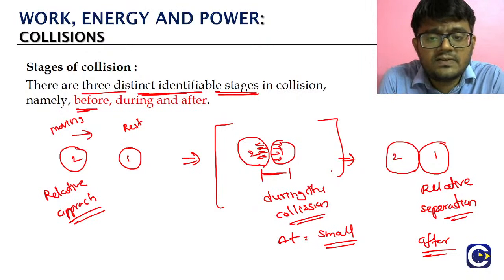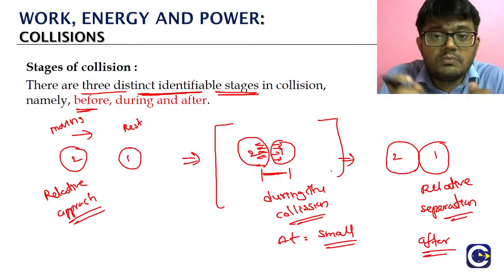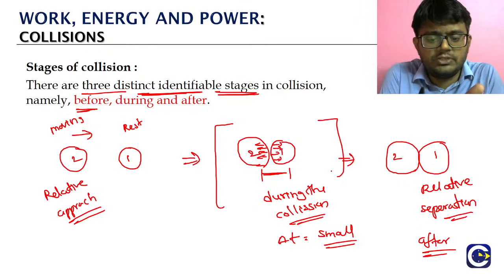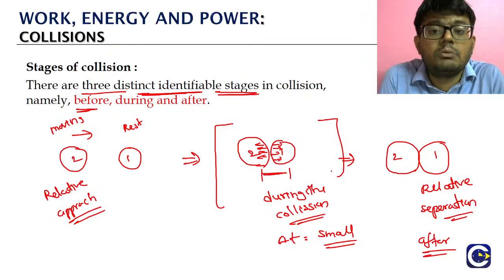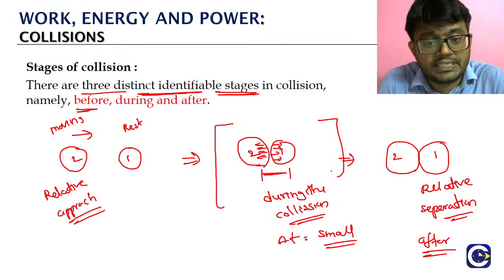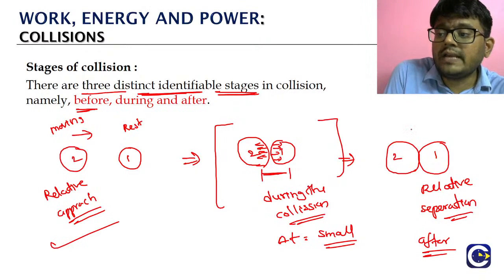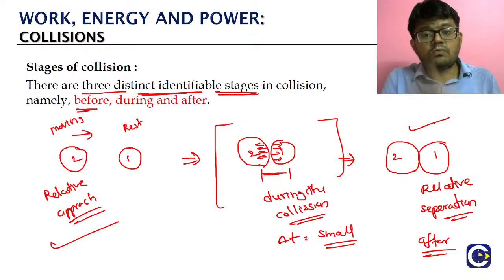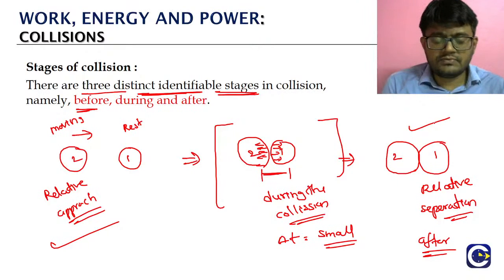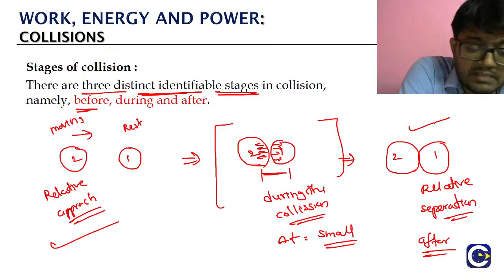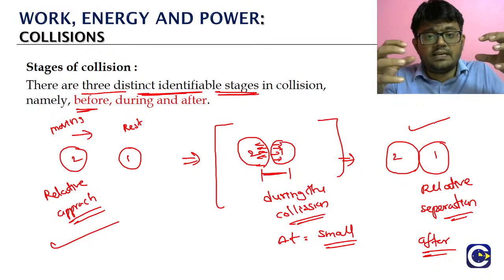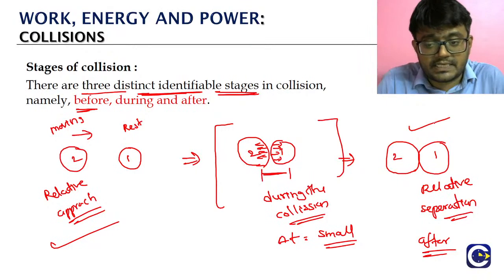During the collision, since the duration is very small, we will not be able to talk about very particular details. That is the reason we compare what is before the collision and what is after the collision. So we have three stages. One is before collision, where there is a relative approach between the particles.